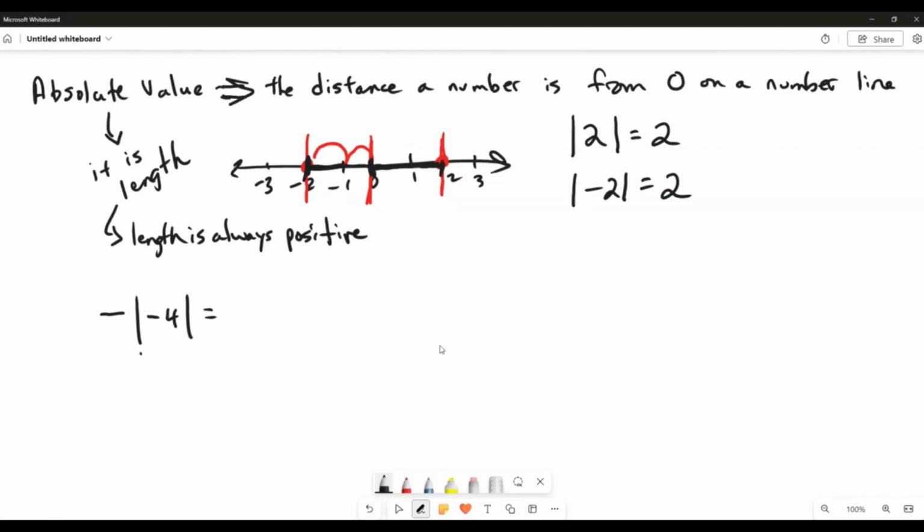It's because of the fact that absolute value means distance. And so if we calculate this part of the problem first, we get +4, because it's asking how far is -4 from 0 on the number line.